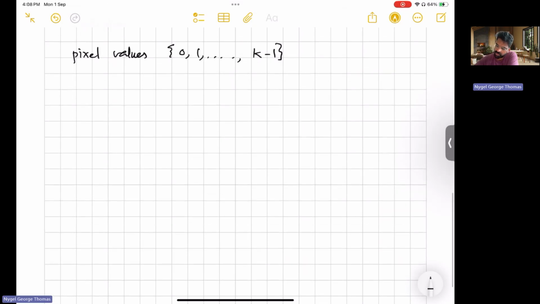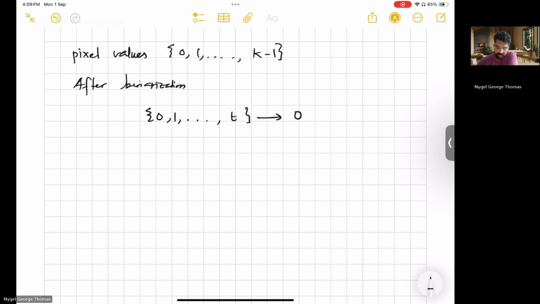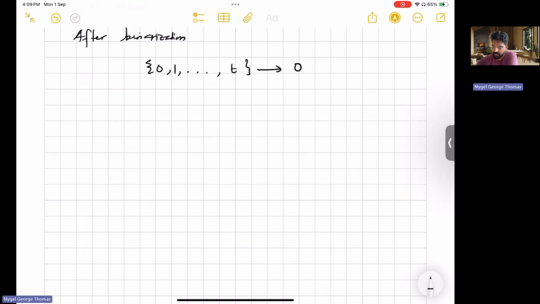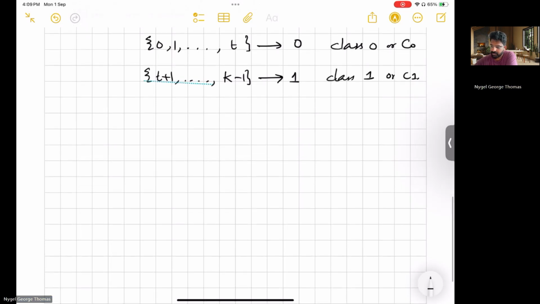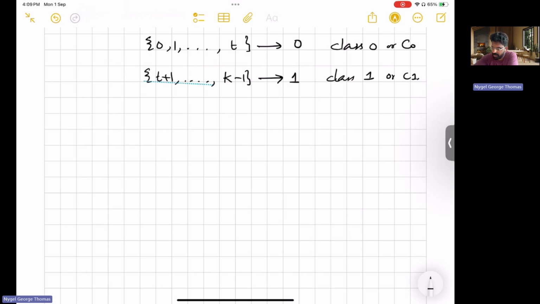So what we want to do after binarization is to have 0, 1, etc., till T be in class 0, which is the 0 pixels, and T plus 1, etc., up to K minus 1 be in class 1. Let's call this class 0 or C0, and this class 1 or C1. This is what we are trying to achieve, right? Okay.